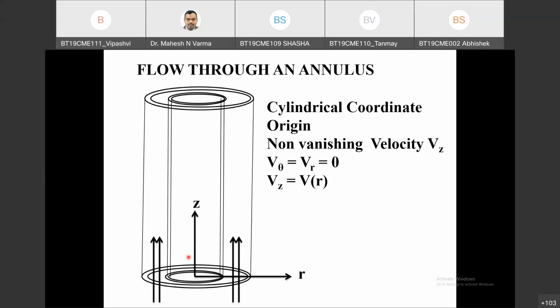Sir, the differential shell will have the radius varying from R to R plus delta R. Very good. Differential thickness in R direction, dr will vary from R to R plus delta R, and the length will vary in the Z direction from 0 to L.